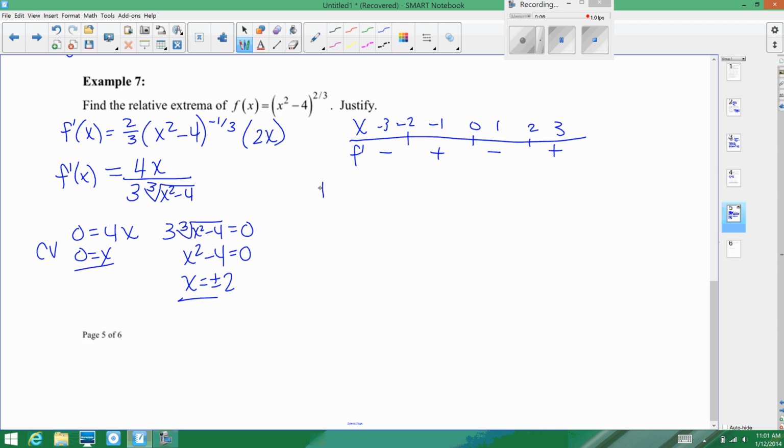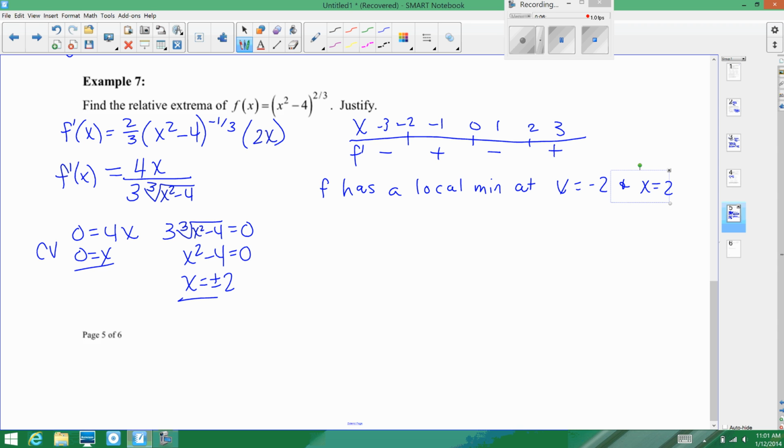All right, so f has a local min at x equals -2 and x equals 2. Let's just include it in one.